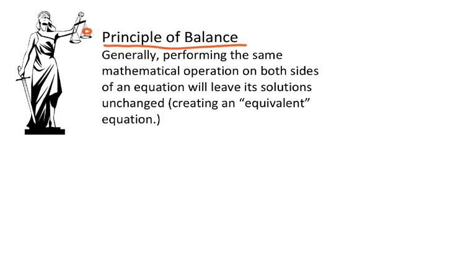The only way to rebalance it is if I add something of the same weight on the other side, and then that side would come back up and it would be balanced. Similarly, if you take away something from one side, it will become unbalanced unless you also take away the same amount on the other side.